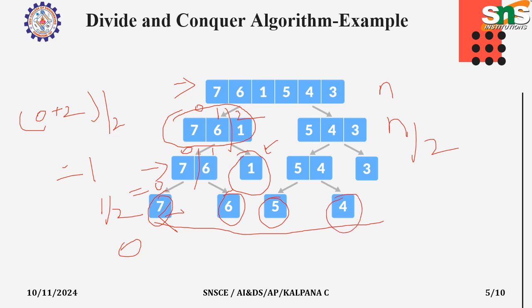I cannot divide a single independent element like 7 again, because it is only one element. So at this time I'm going to stop my division part. So this is my divide. We'll see the next merging part in the next video.